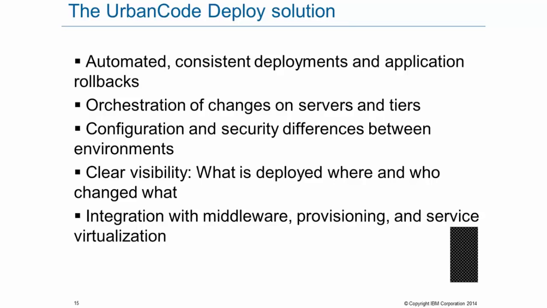Then there's also the visibility: you can see what's deployed where, and who actually made those changes. This especially matters for insurance companies and regulated environments where audits are required. That visibility is really important. It also provides the ability to integrate different middleware, provisioning and service virtualization through what are called plugins.